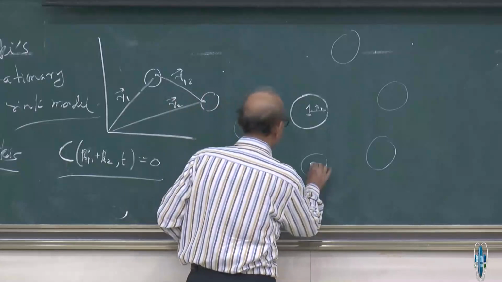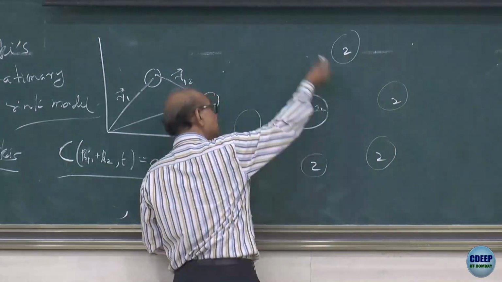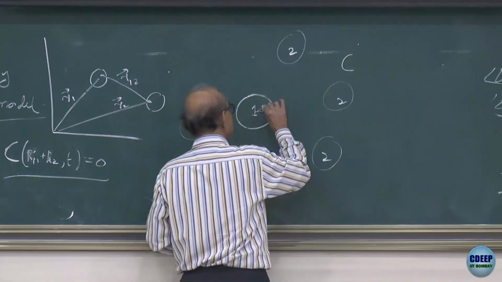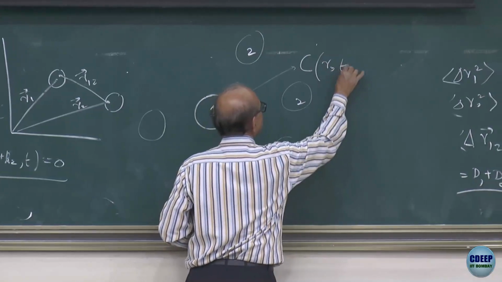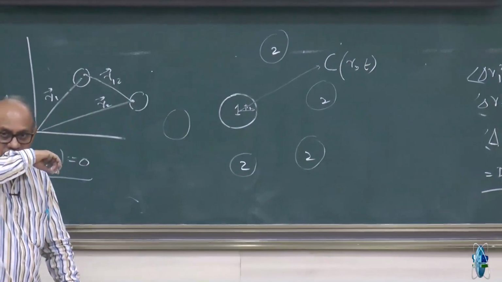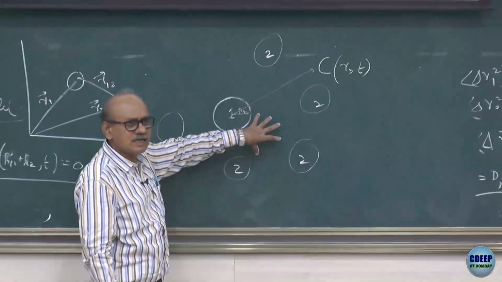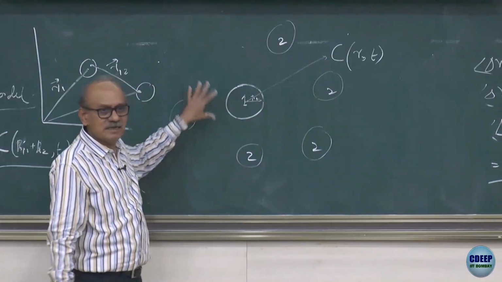So, we distribute all the two particles around and call the two particle concentration at the moment C, as measured from 1. So, I call it as R, at a distance C. And at t equal to 0, I have taken a photograph, they are all uniformly distributed, C is around 1.